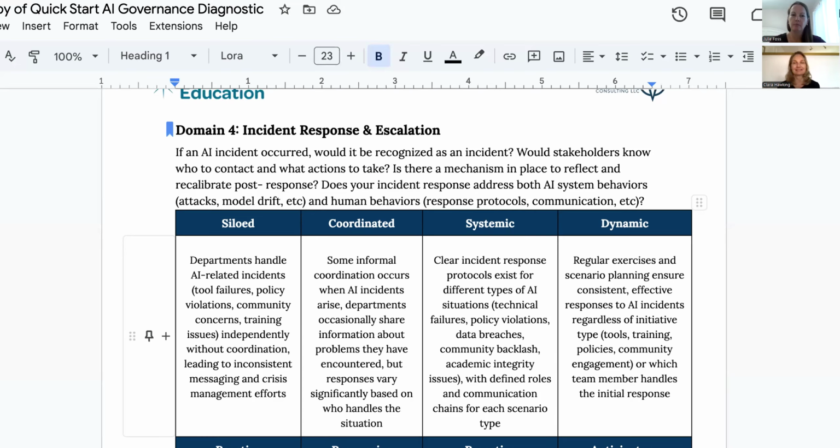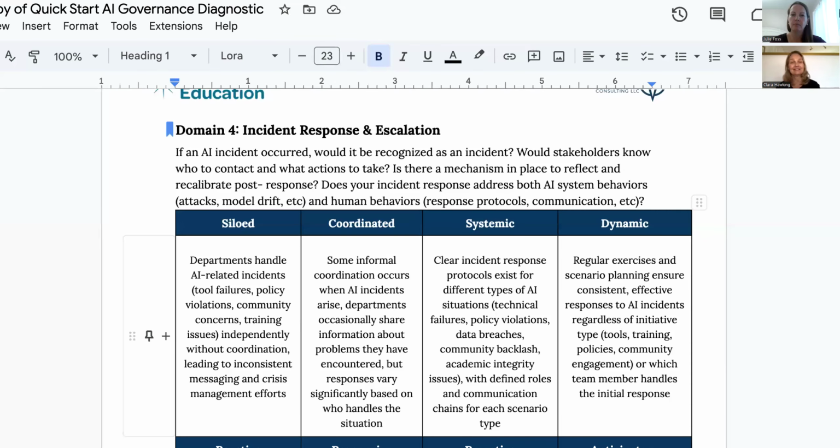Do you have the mechanisms in place to both react to the scenario and also reflect and improve after your initial response? This involves everything from your communications department to your safeguarding and well-being teams.